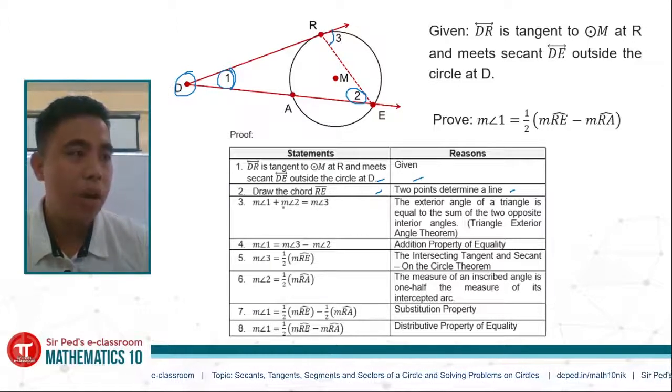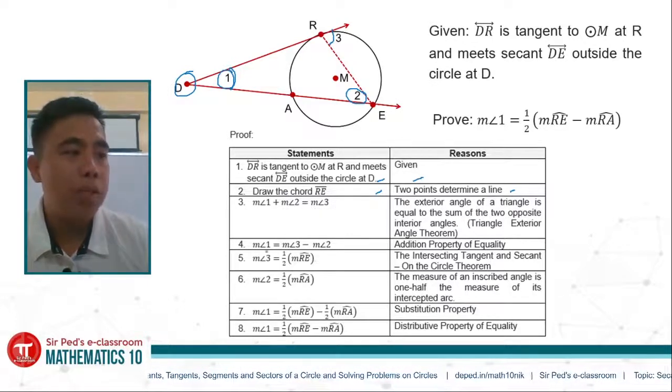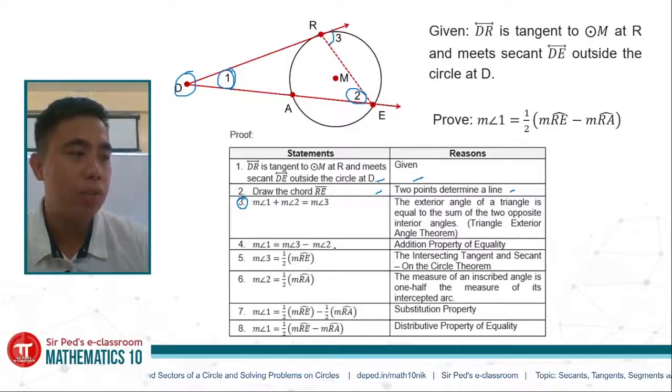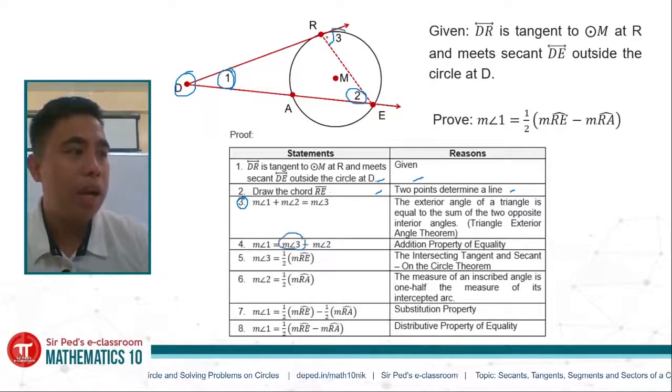So the measure of angle 1 plus the measure of angle 2 is equal to the measure of angle 3. So by addition property of equality, the measure of angle 1 is equal to the measure of angle 3 minus the measure of angle 2. The measure of angle 3, by the intersecting tangent and secant on the circle theorem, is equal to 1/2 of its intercepted arc RE.